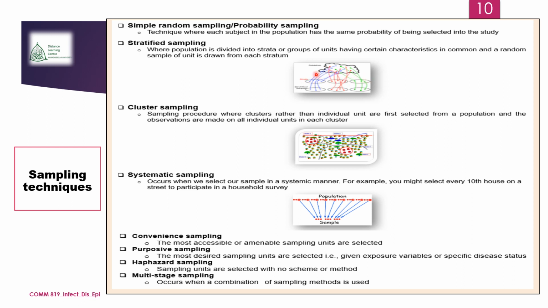For instance, say this is a population of cattle, with different breeds and different intrinsic factors.